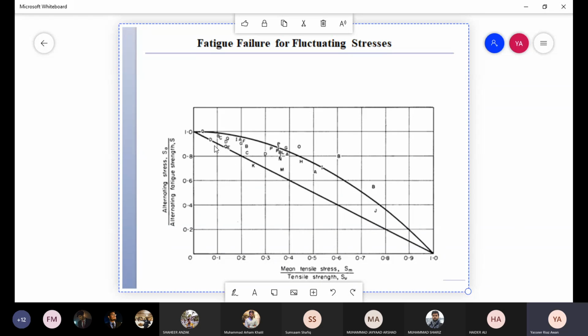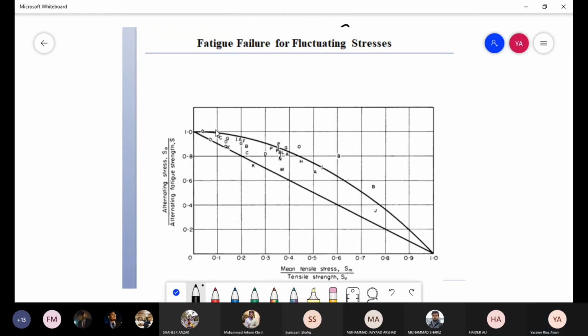And if we see the failure points from experiments, you can see, as a characteristic of fatigue data, there is a considerable amount of scatter.